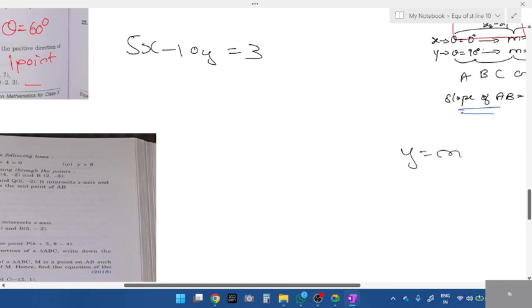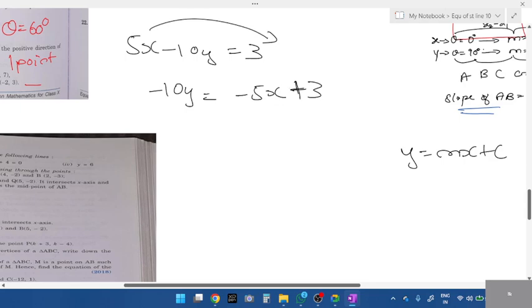Y is equal to mx plus c. Keep y as it is. Minus 10y is equal to. Mx is given, whatever comes with x, that is the m value, students. Shift minus 5x, then what do you get? Plus 3, right? Here, can you see the alphabets, students? Are they positive or negative?